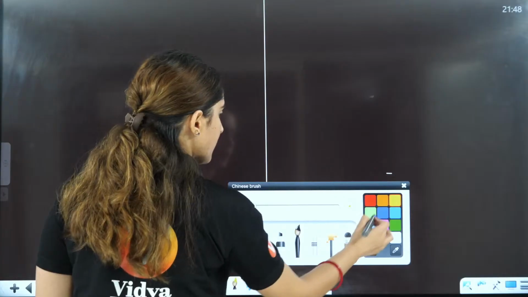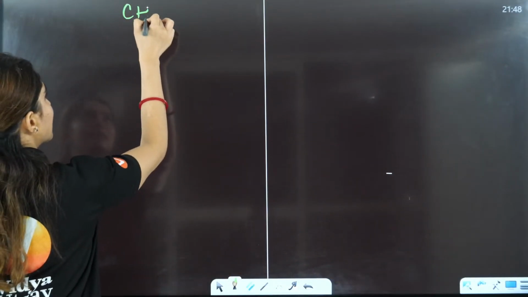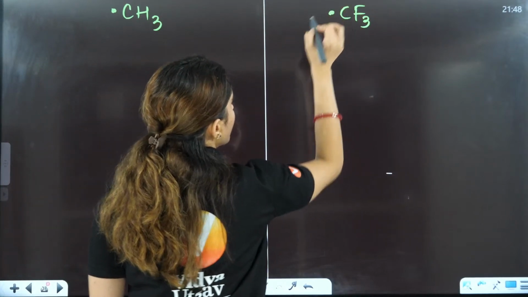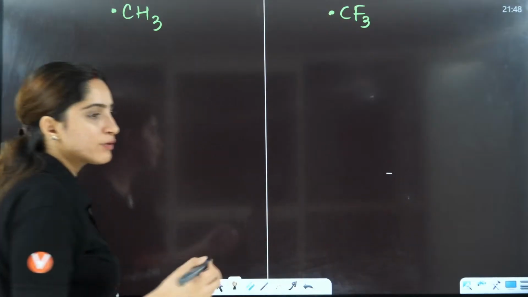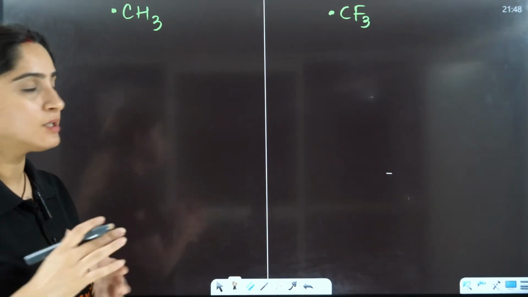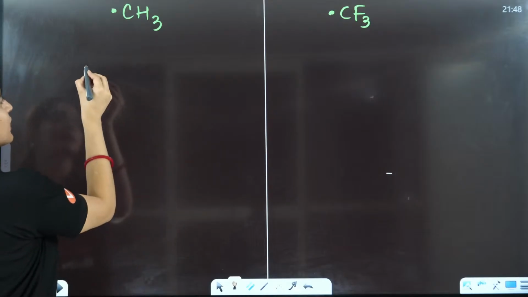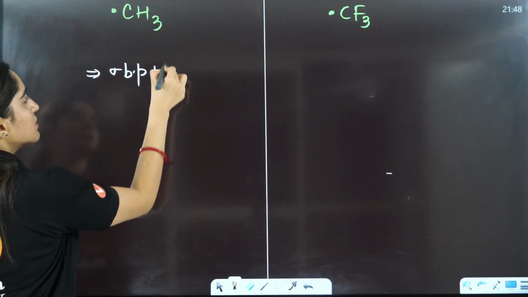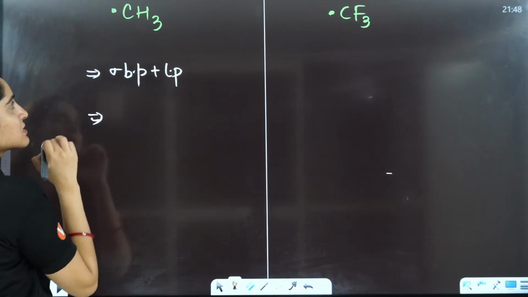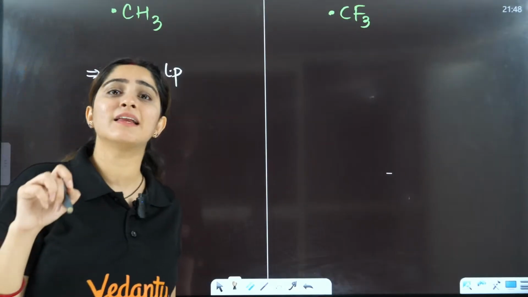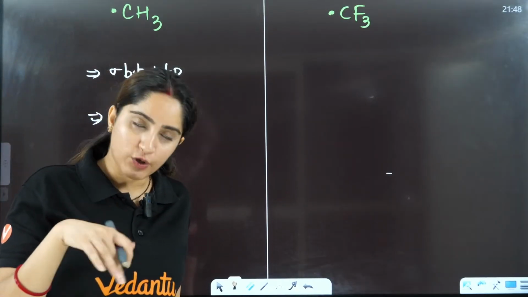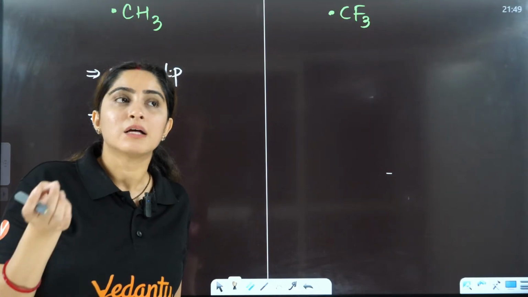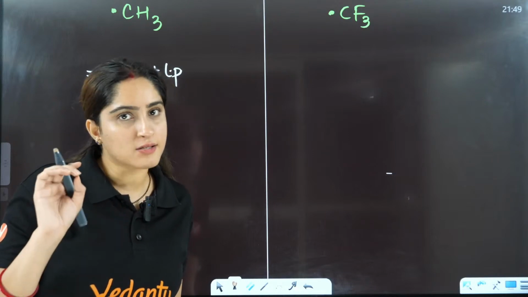You have two things. This is CH3 free radical. This is CF3 free radical. Whenever you calculate the steric number, we calculate it by sigma bond pairs plus lone pairs. In this case, whenever the central atom is attached to less electronegative atoms, you will not consider the free radical as a lone pair.